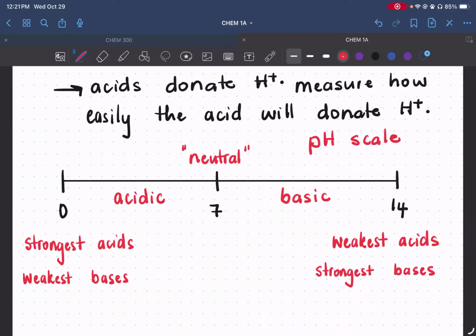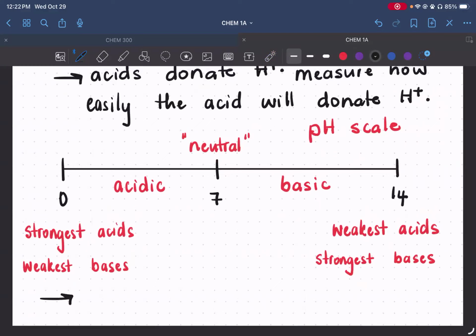And all of this comes from the pH scale, a literal numerical scale from 0 to 14 that allows us to qualitatively and quantitatively describe acids, where the H from pH, of course, comes from H plus ions. There is also what's known as a pOH scale.